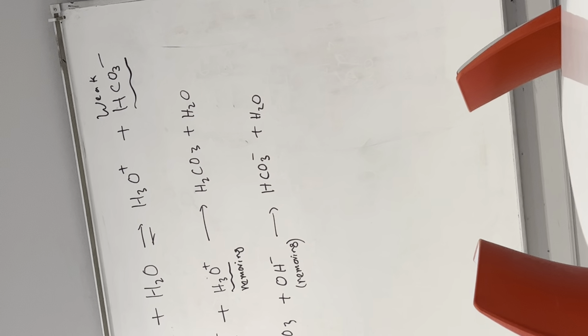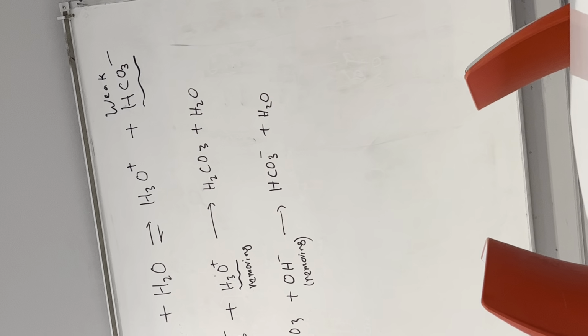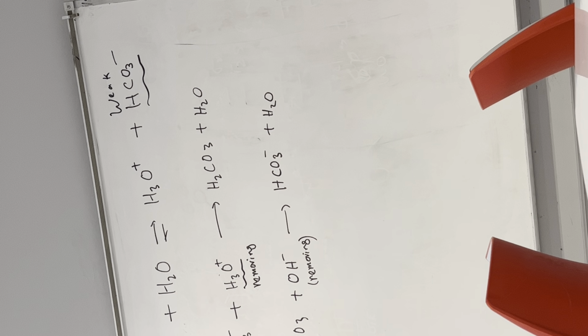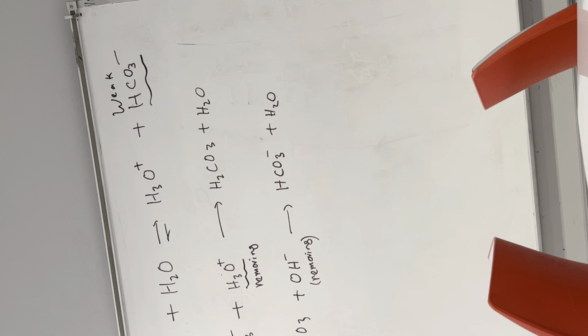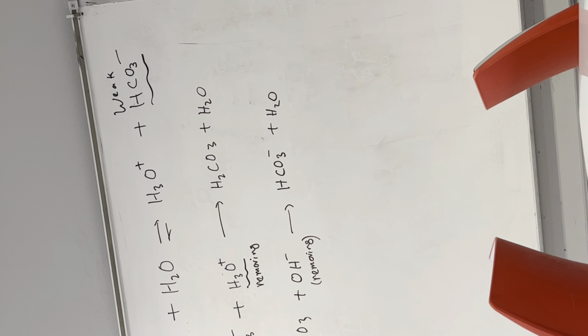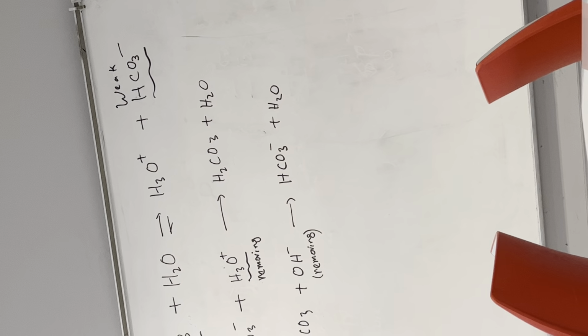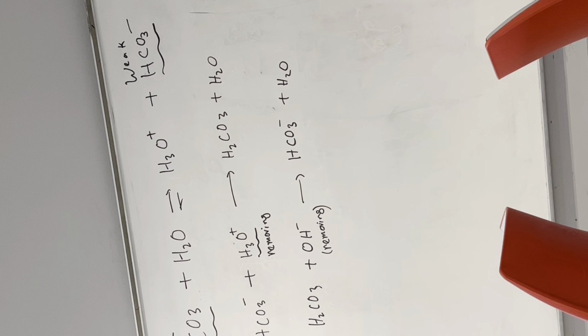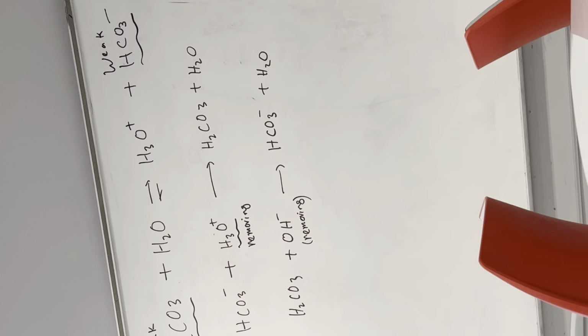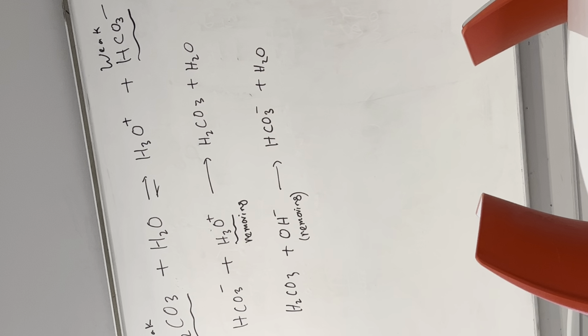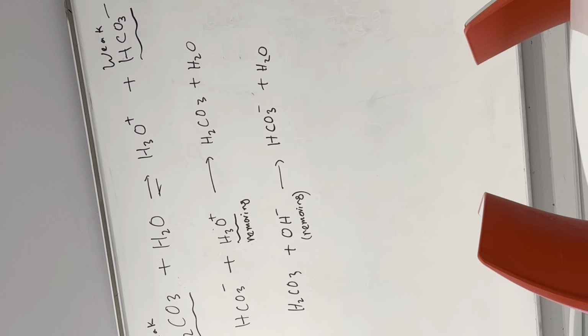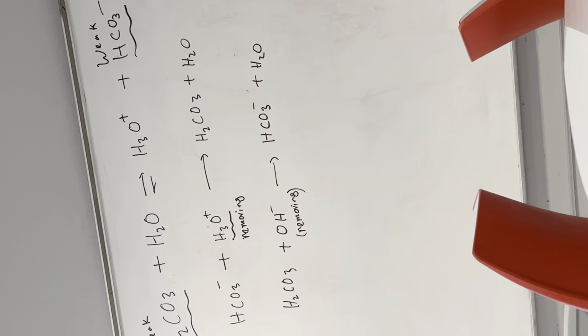Now, if you are wondering how we get this thing, can you tell me? In our blood, H2CO3. Oxygen goes from our lungs to the blood because hemoglobin is there.